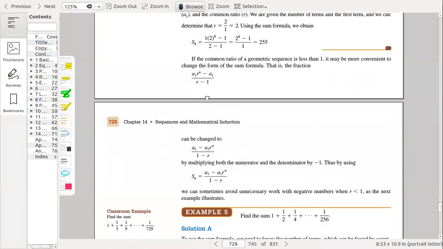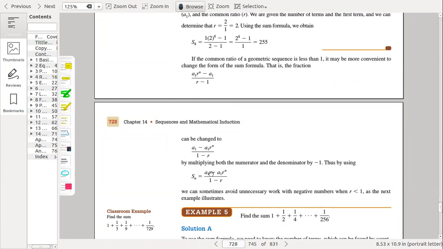To avoid the negative sign, this formula can be written as a1 minus a1 r to the power n over 1 minus r, by multiplying both the numerator and the denominator by minus 1.